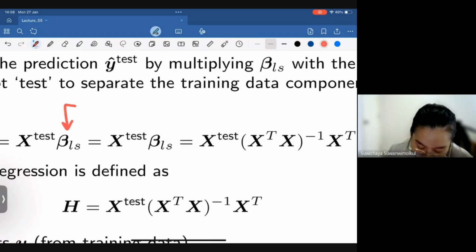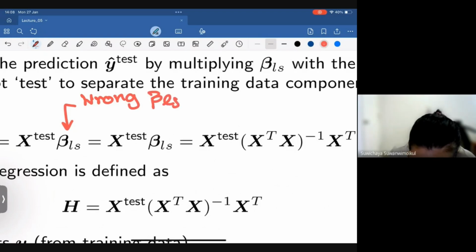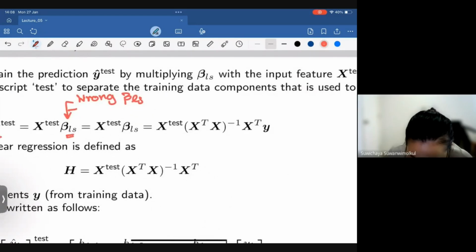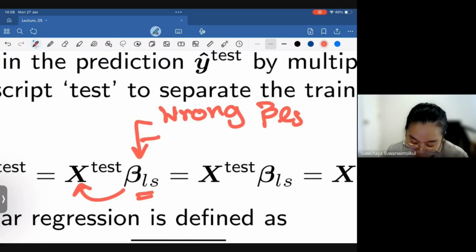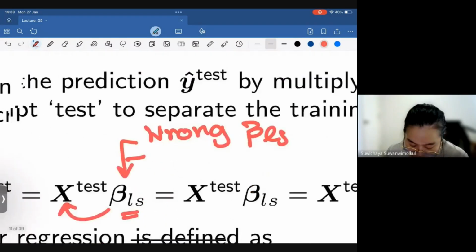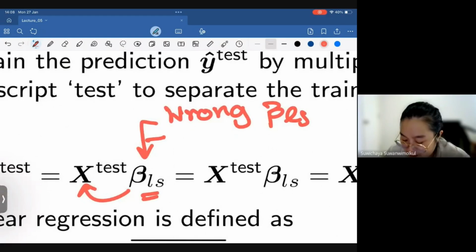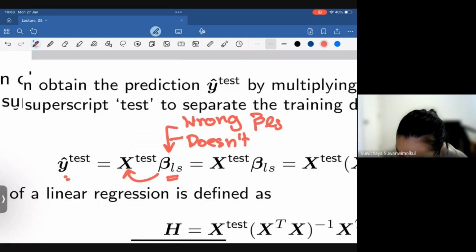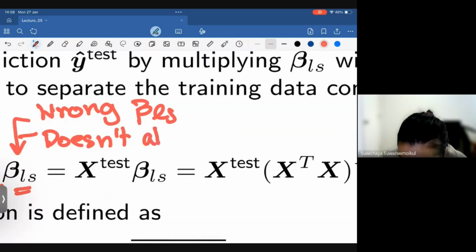The first way is that maybe you have a very wrong beta ls, or whatever beta ls here does not really reflect the properties that could help you map x test to the y test. Or maybe it doesn't align with your testing.